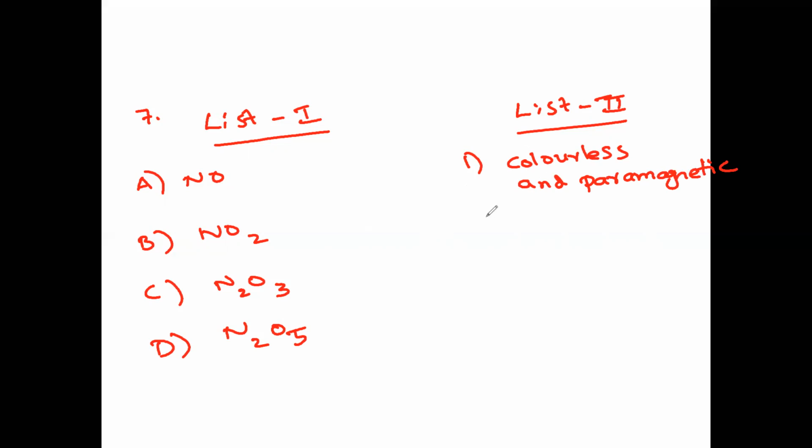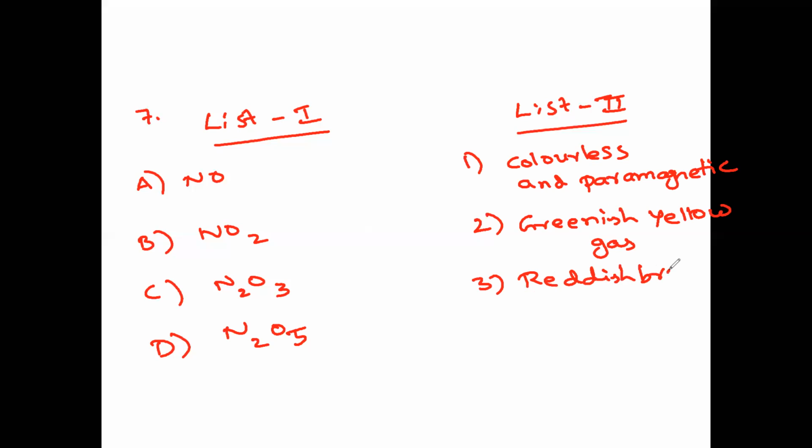That is option 1. Second option, greenish yellow color gas. You can see here, this is a new one. Third one, reddish brown and paramagnetic.